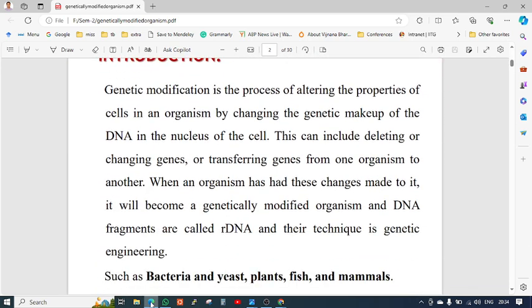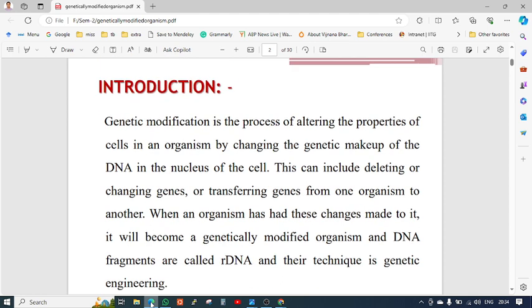Genetic modification is the process of altering the properties of cells in an organism by changing the genetic makeup of the DNA in the nucleus of the cell. That means we are genetically modifying the nucleotides in the DNA and RNA. Different chromosomes are there, and some of them are responsible for certain behaviors or properties.